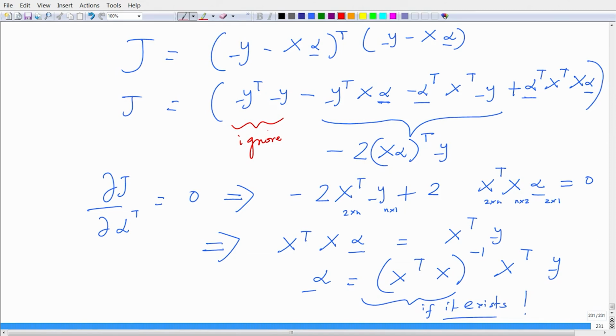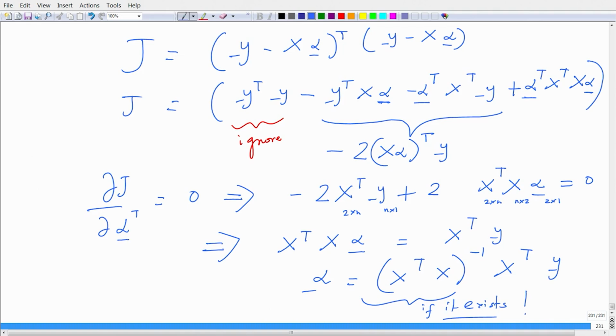The middle two terms can be simplified as minus 2 times (X times alpha) transposed times y, and the last term is a quadratic in alpha, so we write it as alpha transpose X transpose X times alpha. We treat it like this. Now, we take the partial of this cost with respect to alpha transpose, and we set this equal to 0.